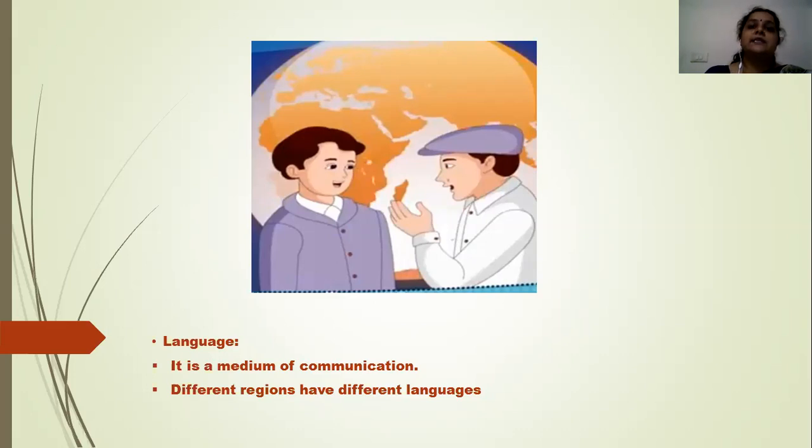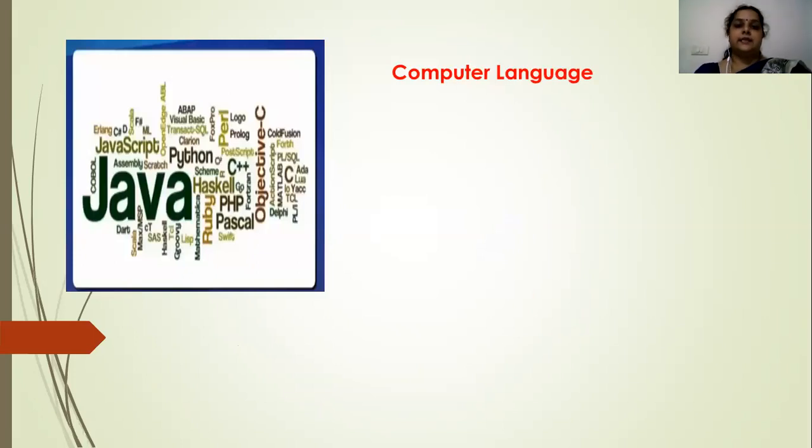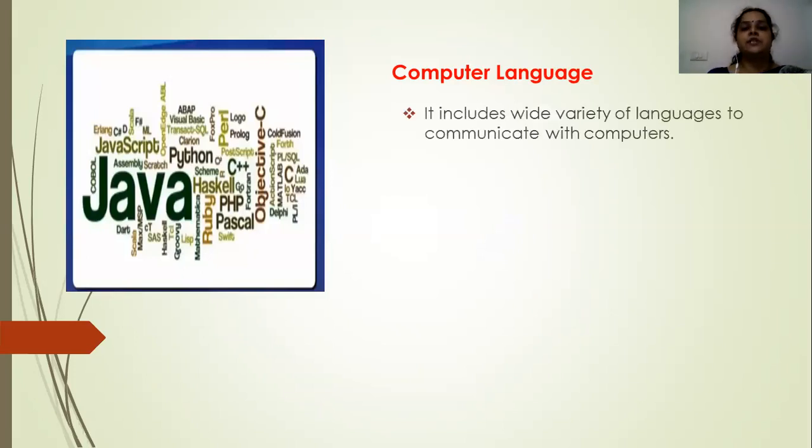So in that case, we have one person in between, that is the translator, who knows both languages. In the same way, when a computer wants to communicate with the user, the computer needs a language to communicate, or the user needs to know the language in which the computer wants to communicate.